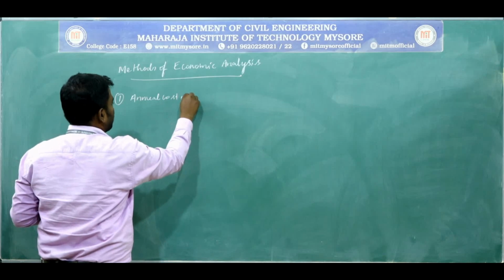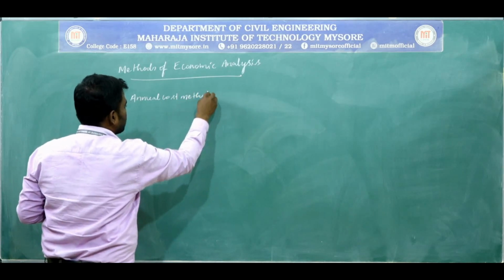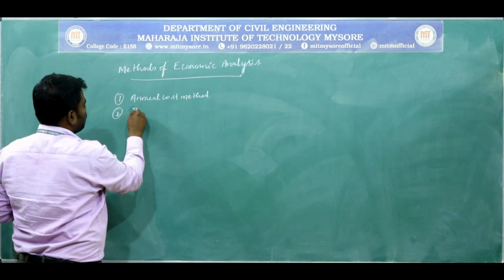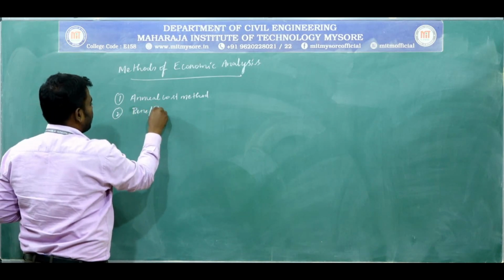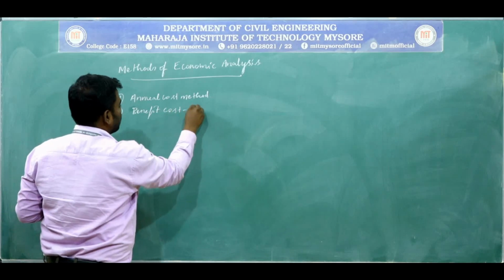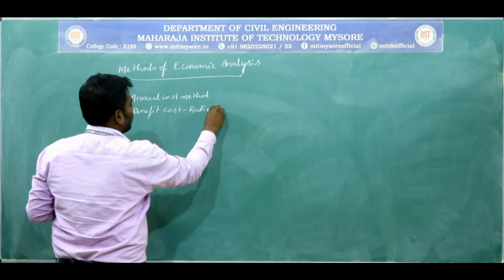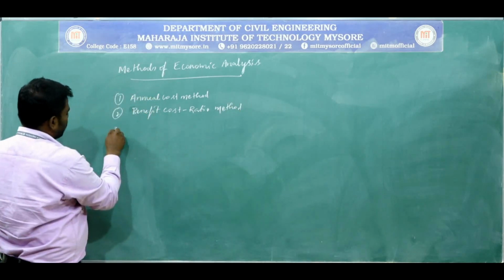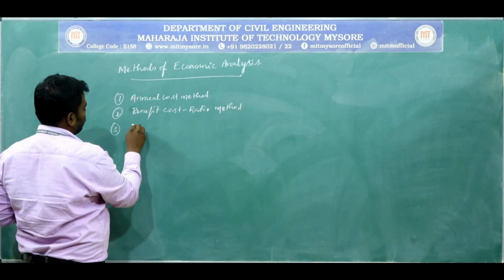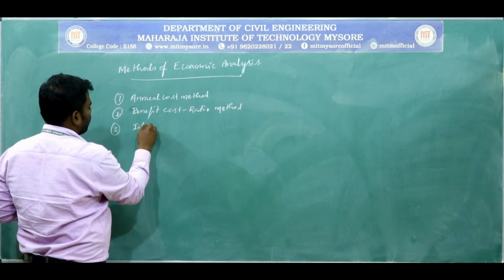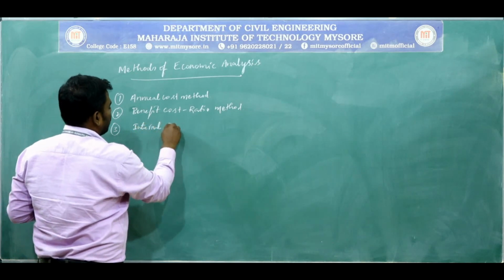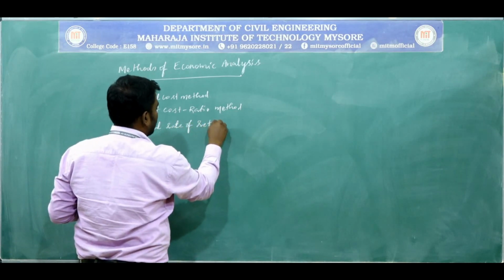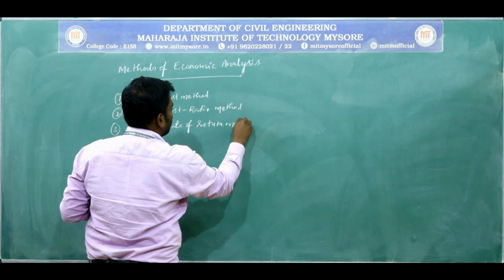Annual cost method. Second one, it is benefit cost ratio method. Third one, it is internal rate of return method.